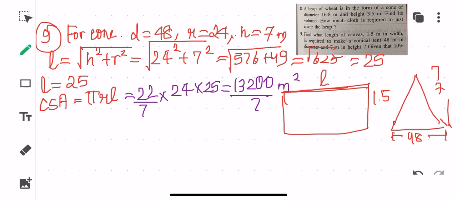Okay, so this is what is required. Now what they are saying, that 10% of canvas is used in folds and stitching. Okay, so how much is 10% of this, children?